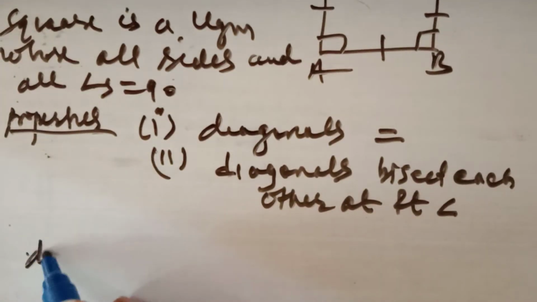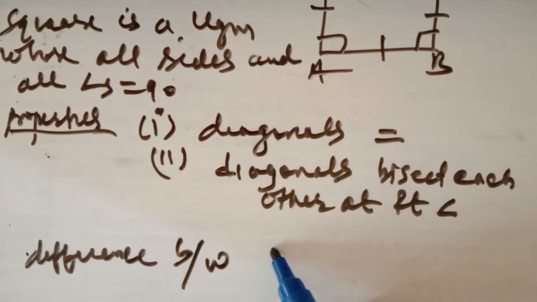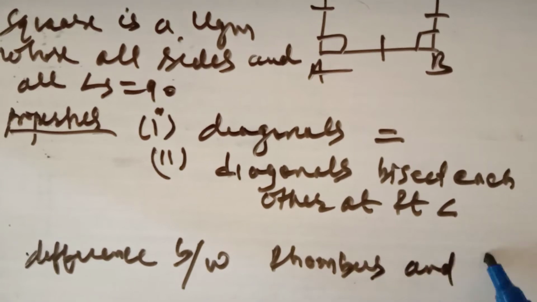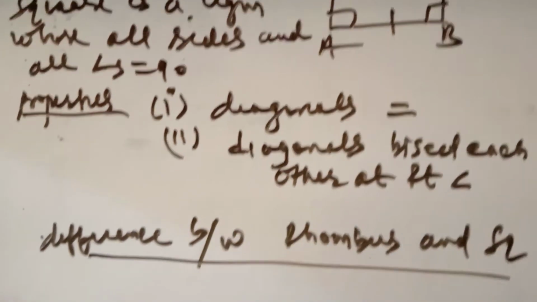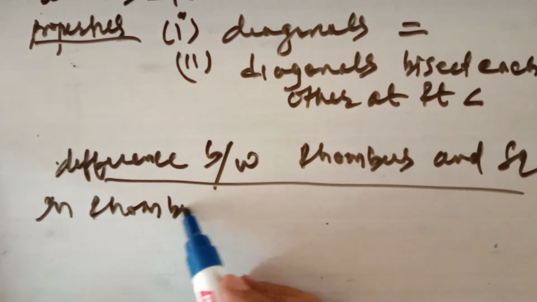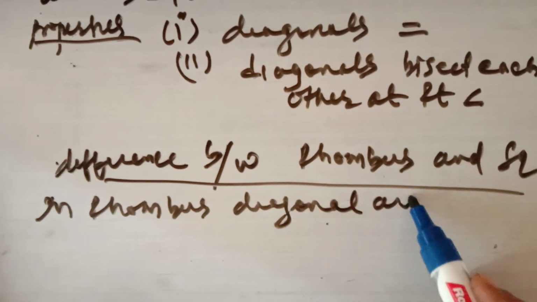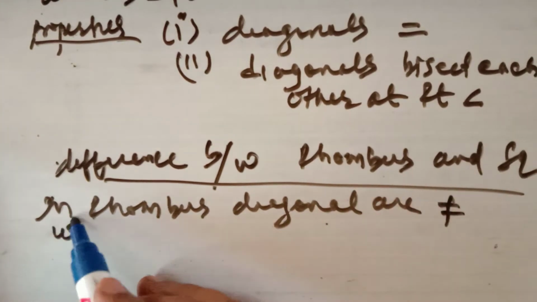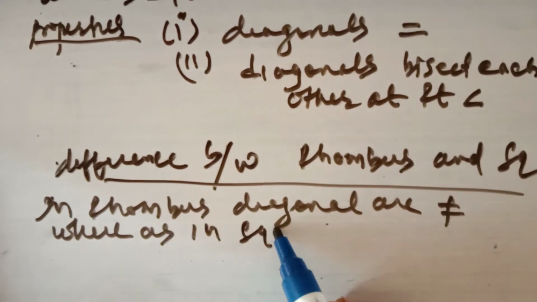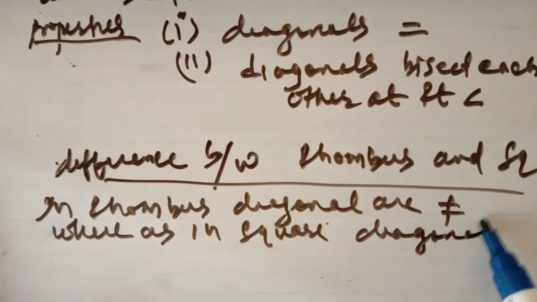Now the difference between rhombus and square. In a rhombus, diagonals are not equal, whereas in a square, diagonals are equal.